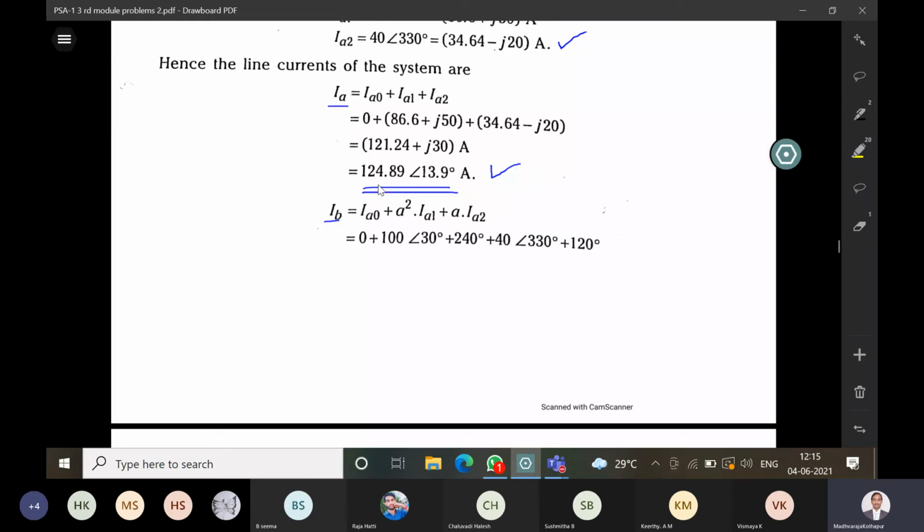Next, calculate IB value. What is IB value?